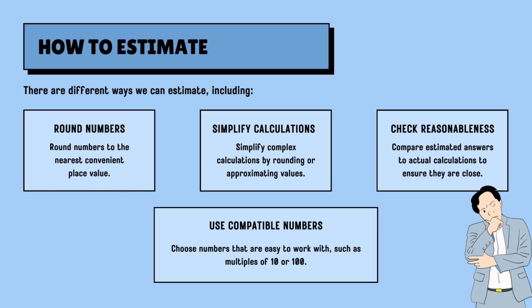Simplifying calculations means simplifying complex calculations by rounding or approximating values. Another way is to check reasonableness: compare estimated answers to actual calculations to ensure they are close. Another way is to use compatible numbers. You choose numbers that are easy to work with, such as multiples of 10 or 100.